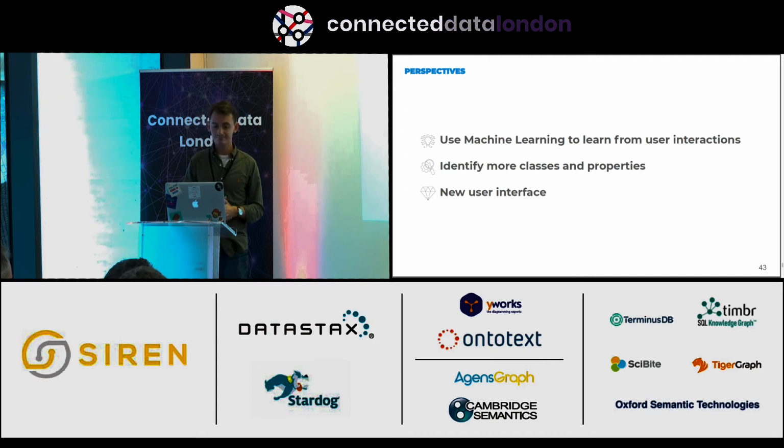And I think it will be possible to reduce the number of questions we have to ask the users. We also want to identify more classes and properties, and add new interactions with the users to improve this aspect of the bot. And we are developing a new user interface to simplify this process.